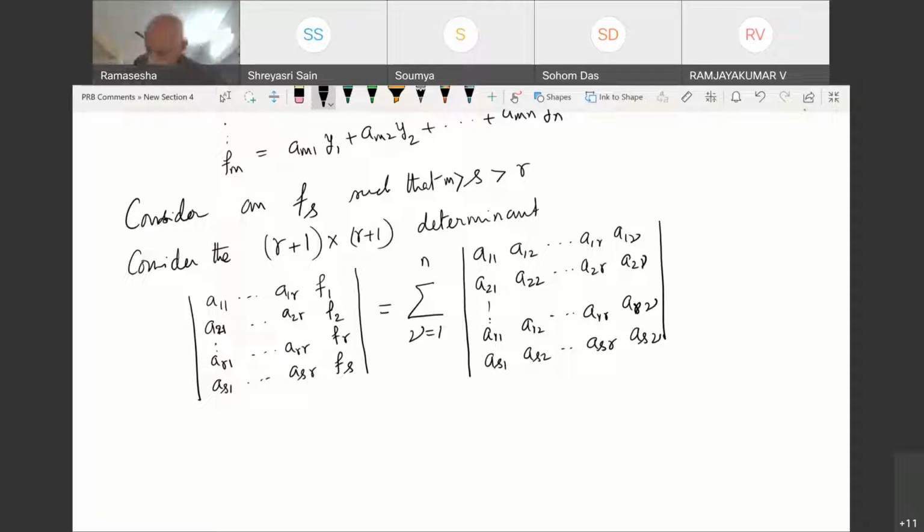Okay. So now, what can you say about the determinants on the right hand side? I can actually expand this by the first column. So all these determinants are 0, right?